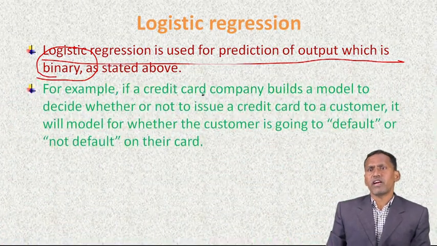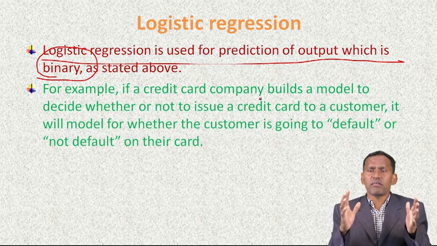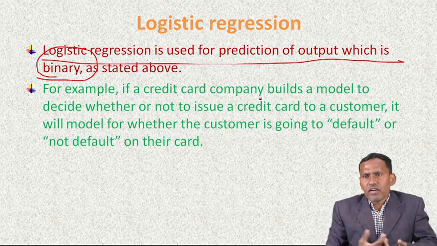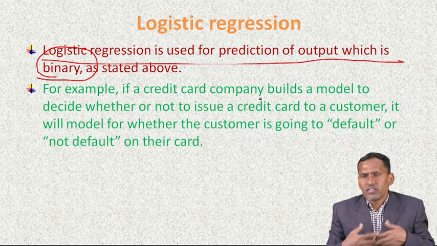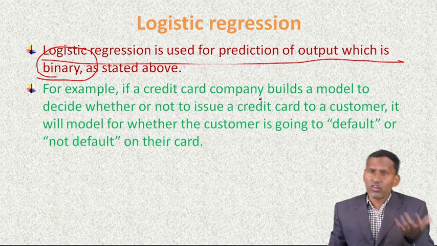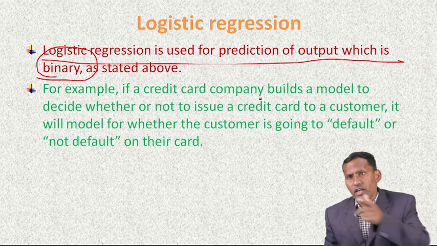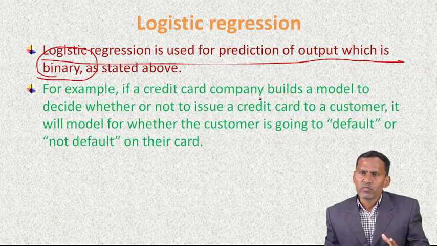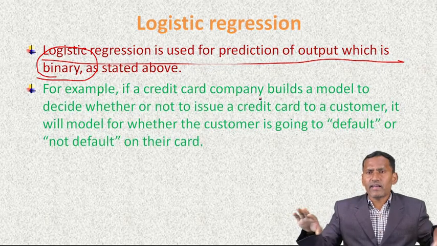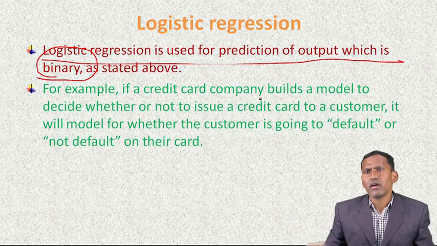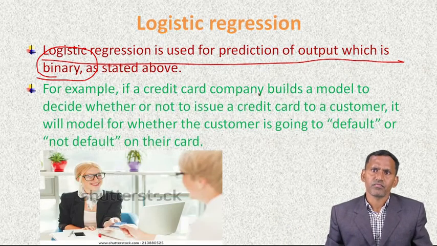For example, a credit card company can build a binary classification model. Once you give it the customer's purchasing and bill paying history, the model will categorize all customers into two categories, issuing and not issuing.